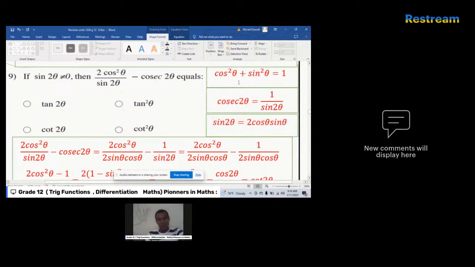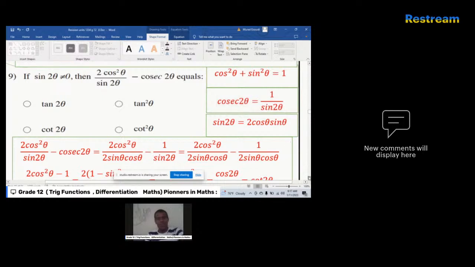You are going to use this formula. In the final exam, this formula will be given, but the reciprocal trig functions will never be given, so we should be familiar with sine, cosec, cosine and sec.